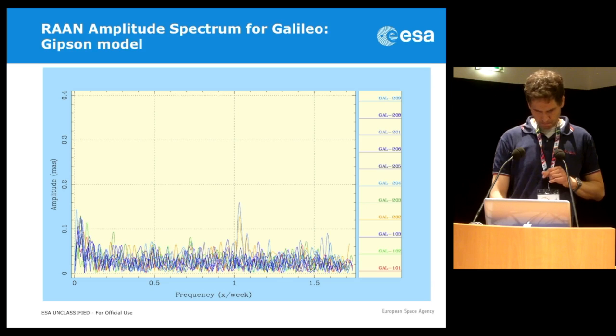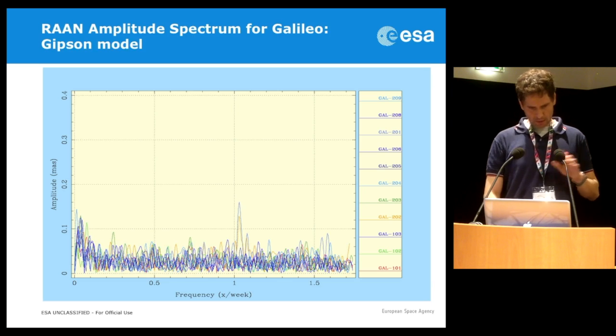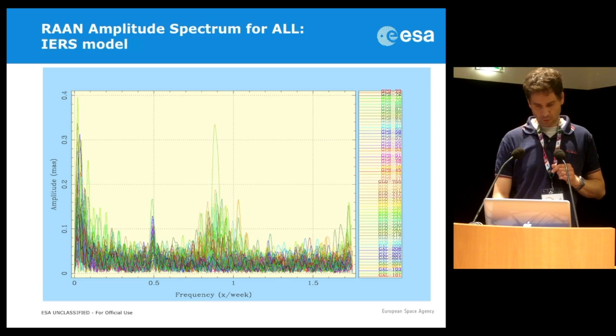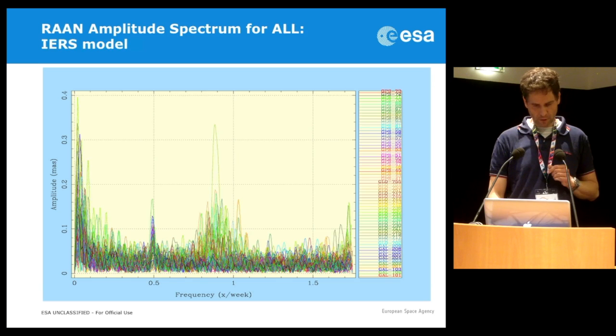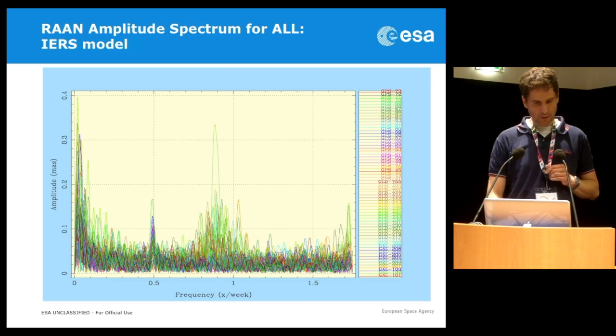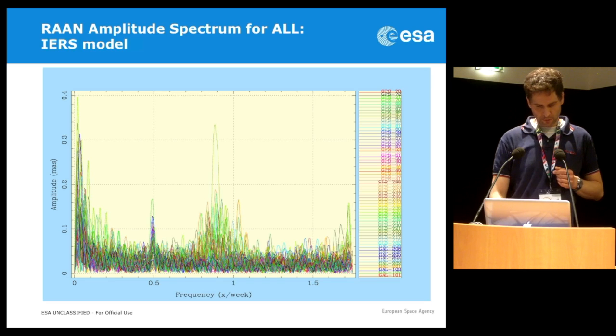And yeah, this plot contains all the orbits of all 3 satellite systems, again with the IERS model. There you can see it very nicely: when the Gibson model was turned on, the peak at the 14-day period is gone.